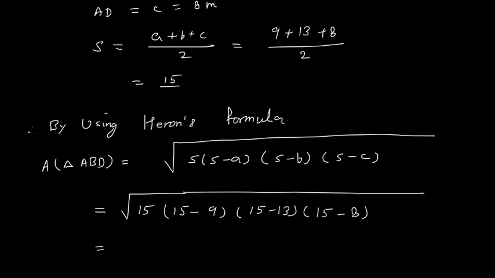So this gives me the answer as 15. Now 15 minus 9 is 6, 15 minus 13 is 2 and 15 minus 8 is 7.